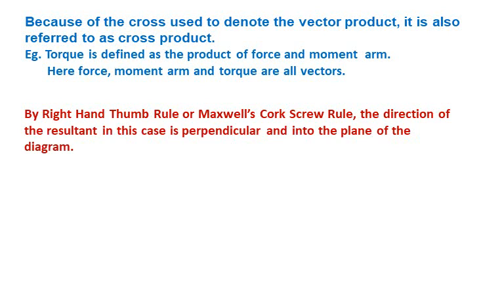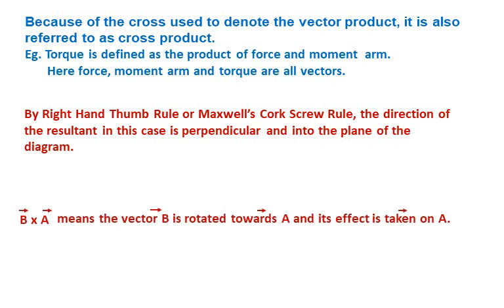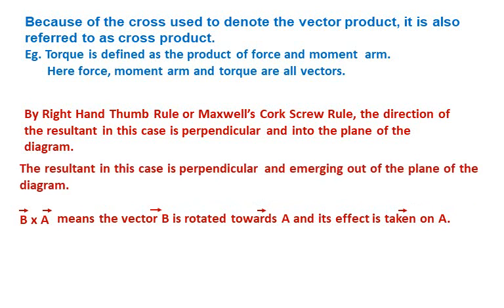And by using the right hand thumb rule or Maxwell's cork screw rule, you can give the direction of the resultant. B cross A means the vector B is rotated towards A and its effect is taken on vector A. It's like the closing or opening of a tap.